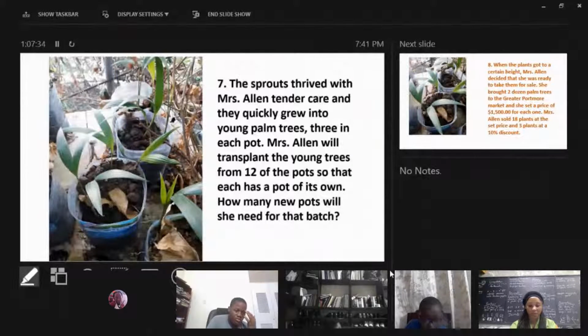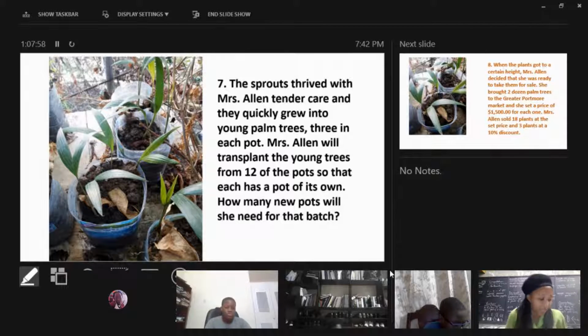All right, so what do we do for this one? Remember, when they are kernels, you can put a handful of them in one container because they are just seeds, right?